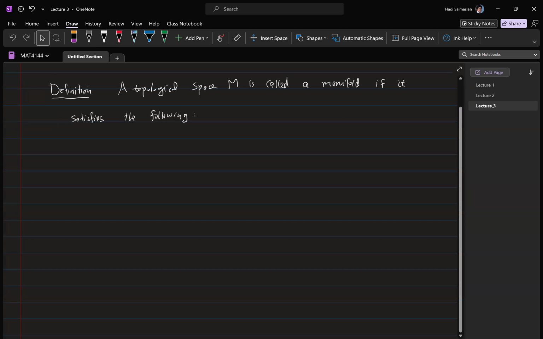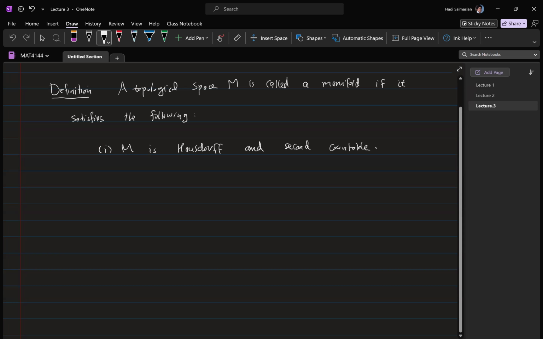two properties. The first, which looks like a technical condition, but is also important for some reasons, which I'll briefly explain, is that we want this space to be Hausdorff, which means any two distinct points can be separated by disjoint open sets, and second countable. What is second countable? It means it has a countable base of open sets.